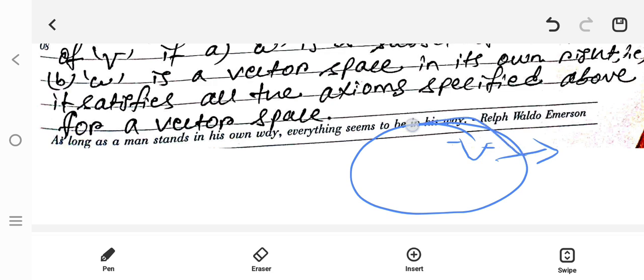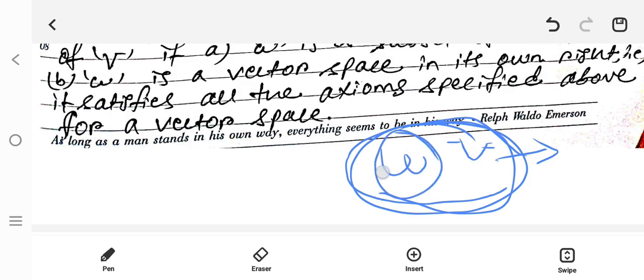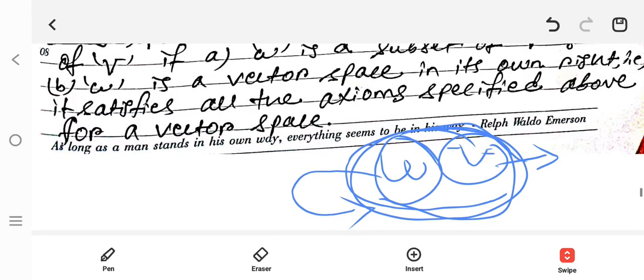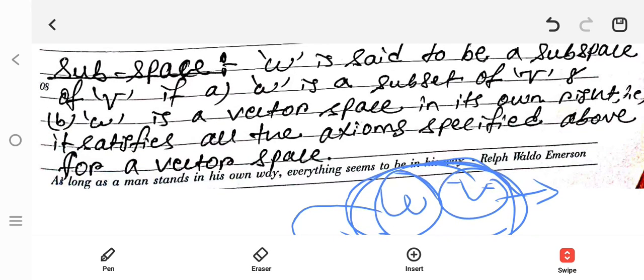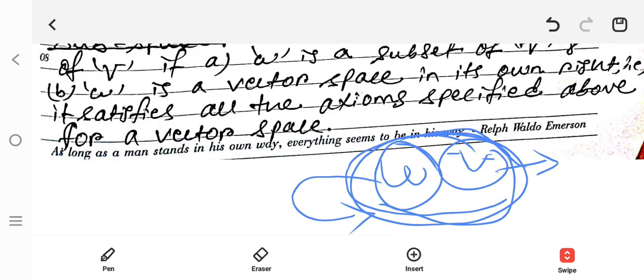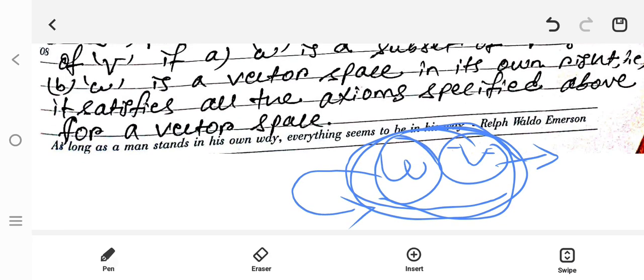So we can say that V is a vector space, and here I have W. W will be a subspace of V when it holds two properties. Number one, W is a subset of V, and number two, W is a vector space in its own right, that is, it also satisfies all the axioms of the vector space.